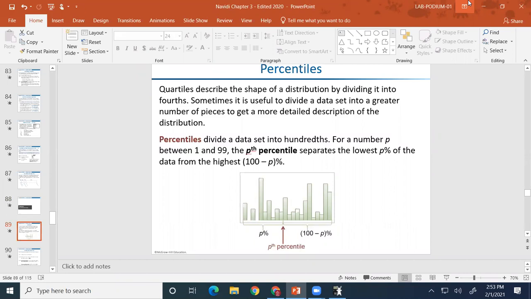In other words, if you're looking for like the 79th percentile, it's 0.79 times 45. And then whatever that comes out to.